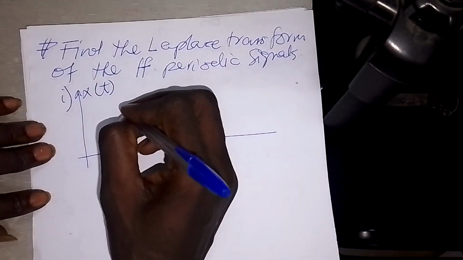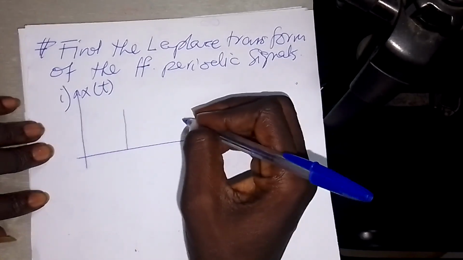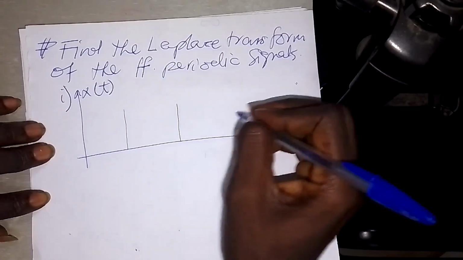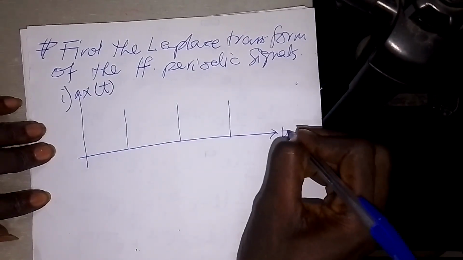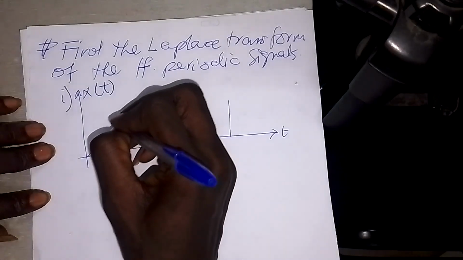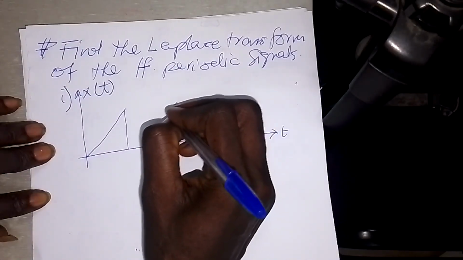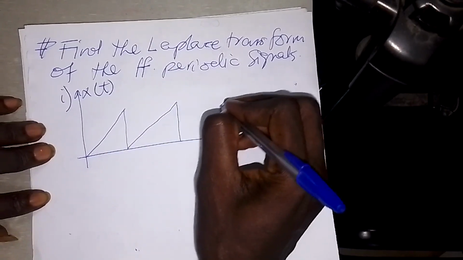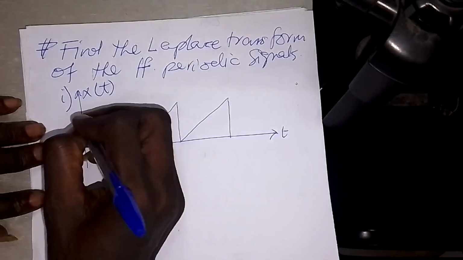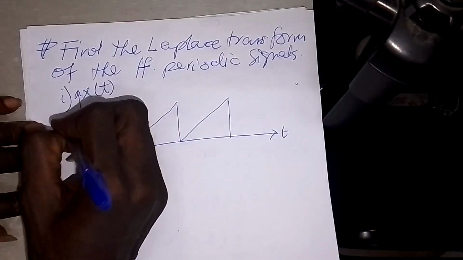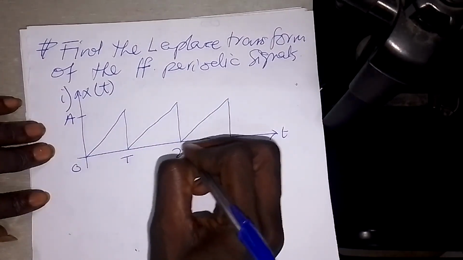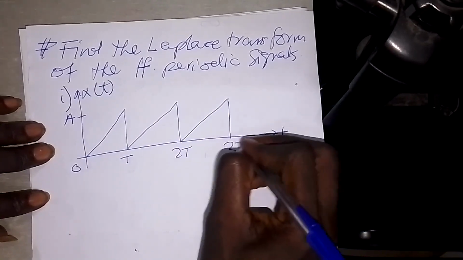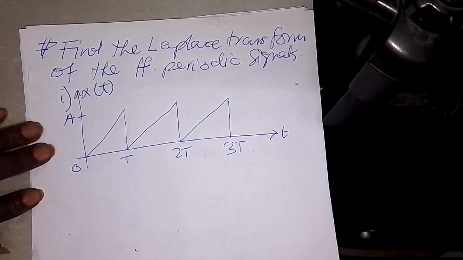So we have this one, and this one, and here is T. So this one is like this, and this one is like this. Very good. So here we have a, here is 0, here is T, 2T, here is 3T. So please find the Laplace transform for this one.